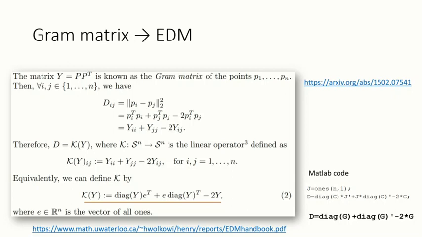So that's the way you convert a Gram matrix to a Euclidean distance matrix, okay, by doing this operation. It looks complicated, but in MATLAB you see this equation. If you have a Gram matrix and you take the diagonal of the Gram matrix, diagonal transpose, that's how you get a distance matrix.